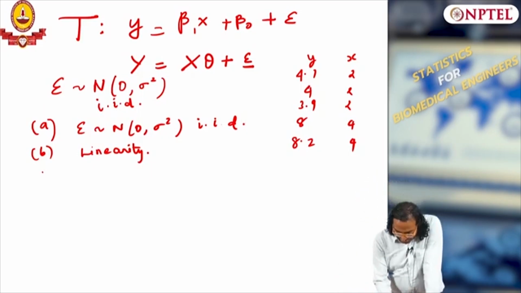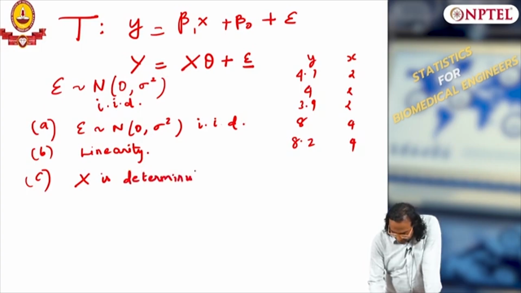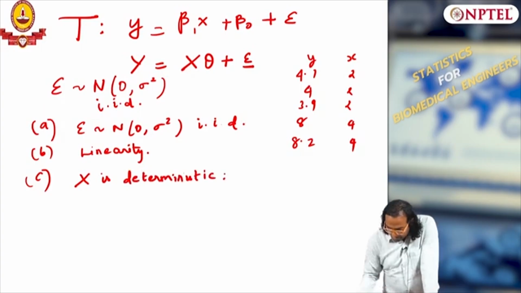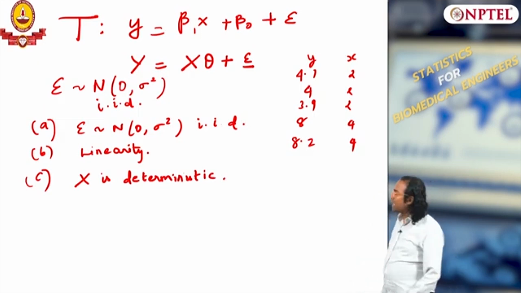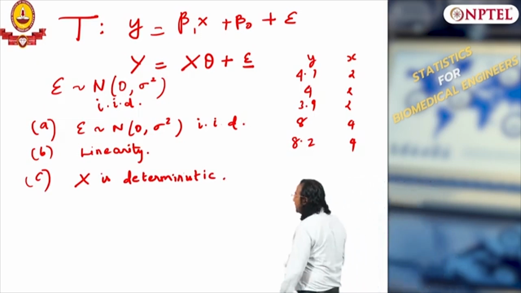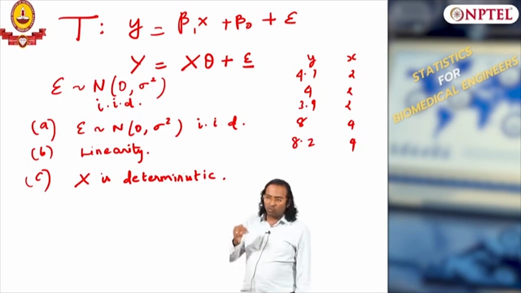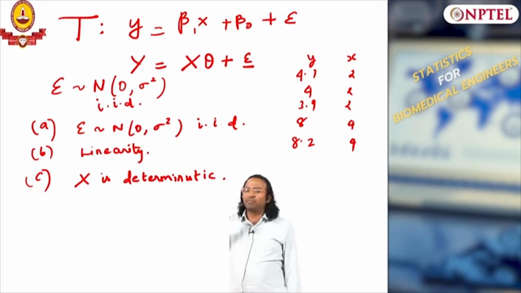Then, this is a big assumption we make, okay. The reason behind understanding these assumptions is, if you remove these assumptions one by one, you get different methods. That is the most interesting part.